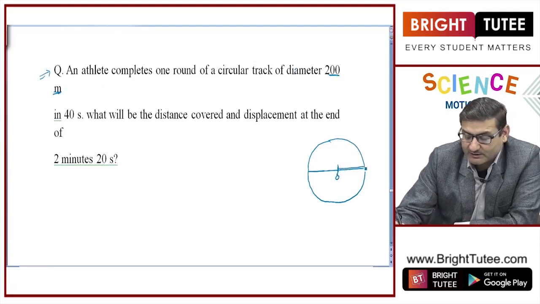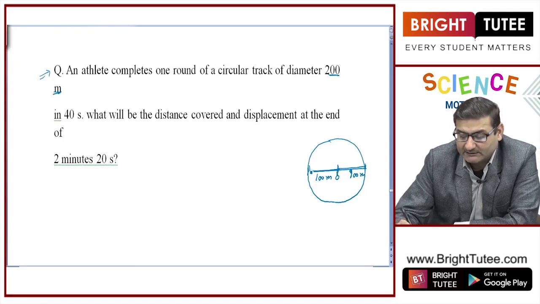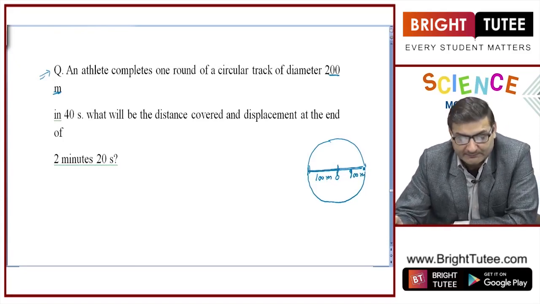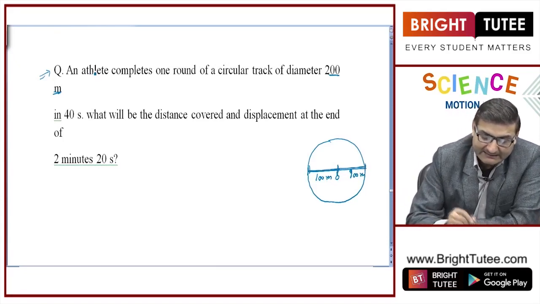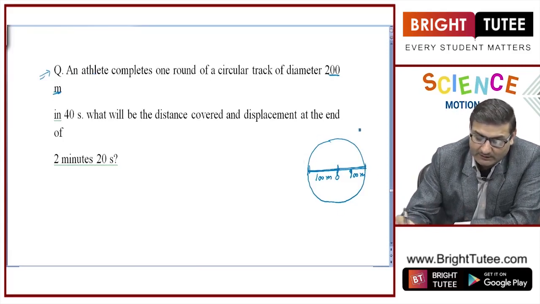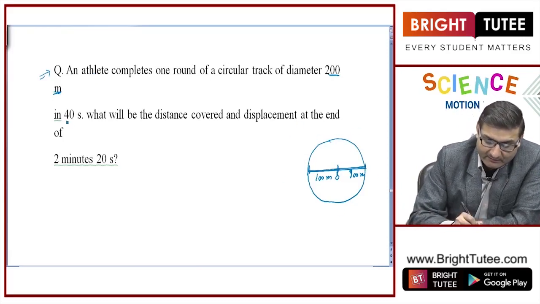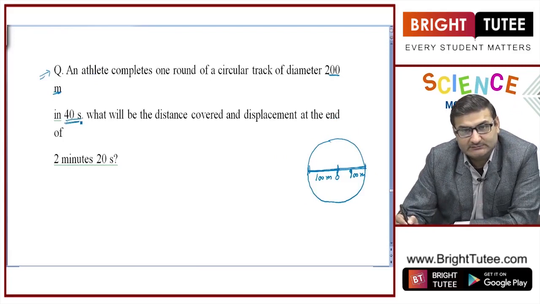So that means this portion, which is the radius, should be half, it is 100 meters, and this other radius is also 100 meters, and this whole is 200 meters. And an athlete is completing one round of this track in 40 seconds.